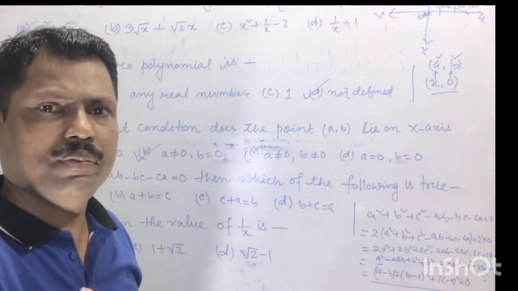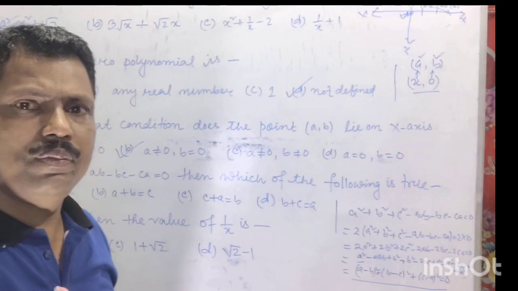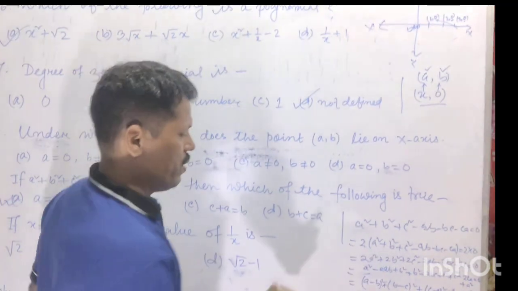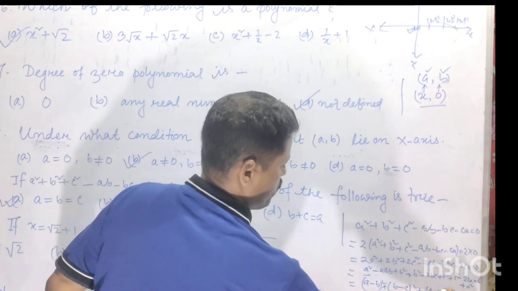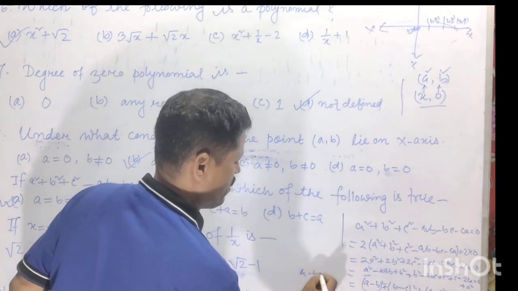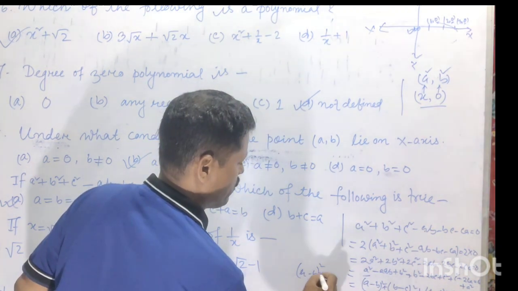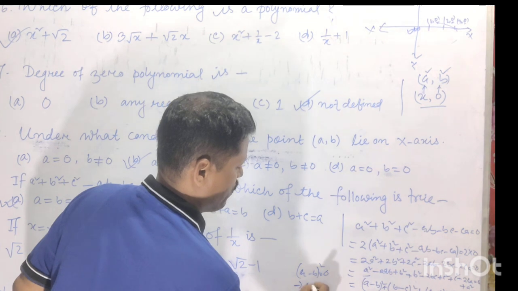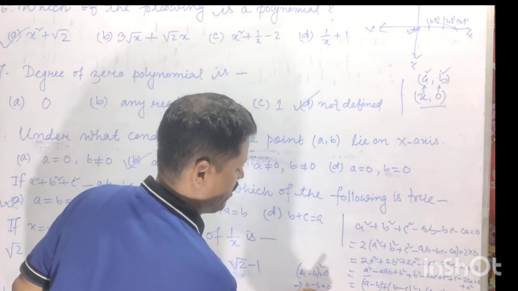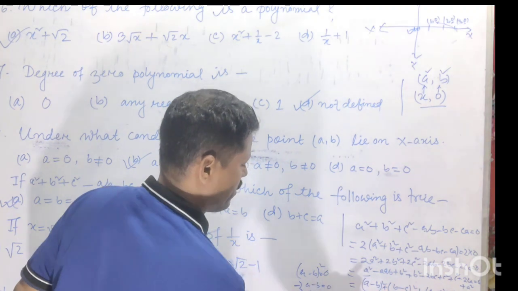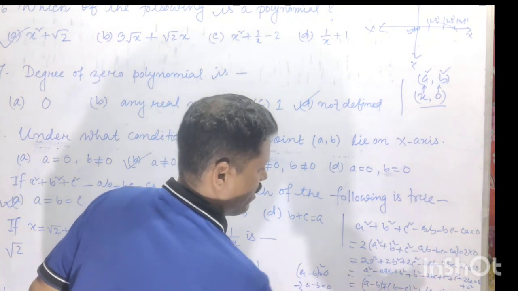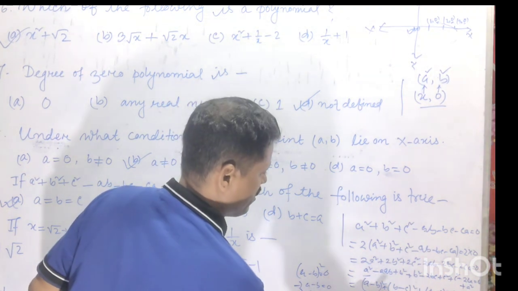at that time we can say this part is equal to 0, that part is also equal to 0, and this part is also equal to 0. That means (a minus b) whole square is equal to 0, so a minus b equals 0, and we get a equals b. Similarly, this part gives b equals c, and this part gives c equals a.